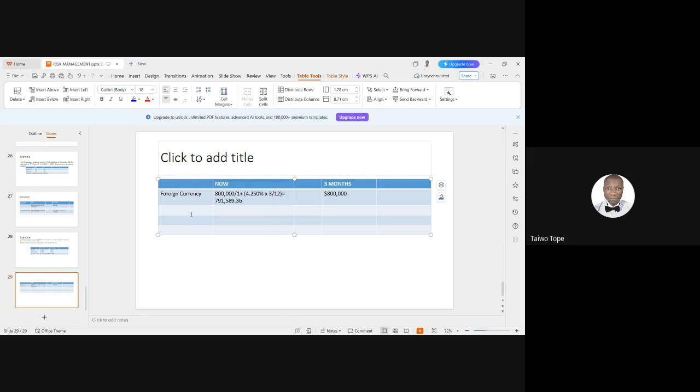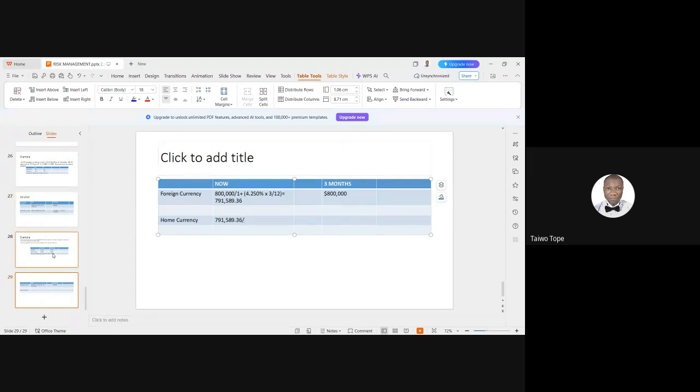So when you borrow, what will now happen? You make a deposit in your home currency by converting at the spot rate. So what will be the value at this point? Convert 791,589.36 to home currency.